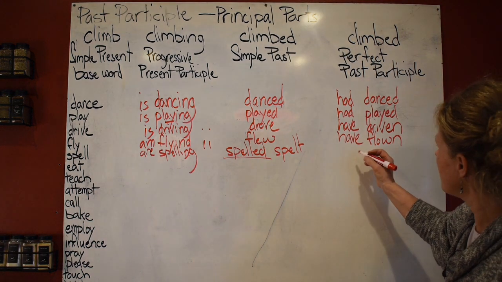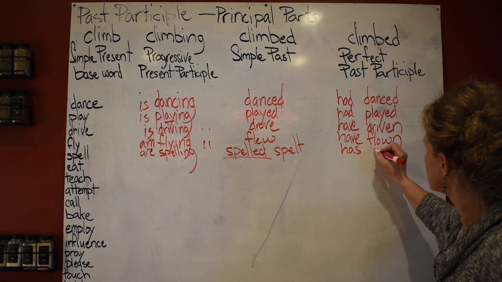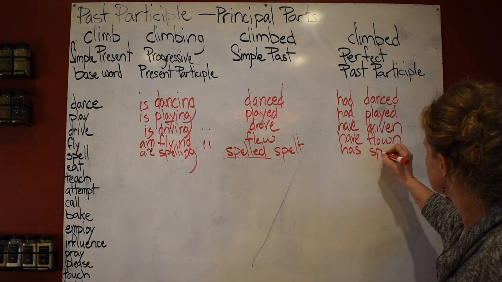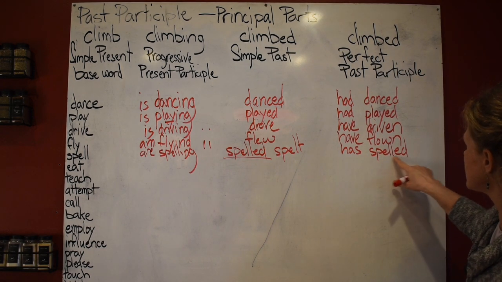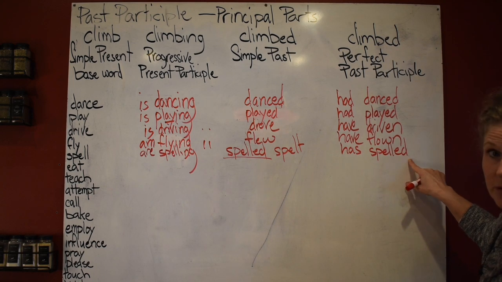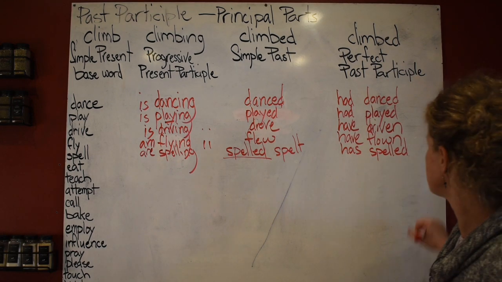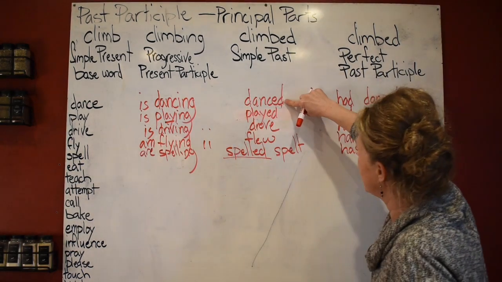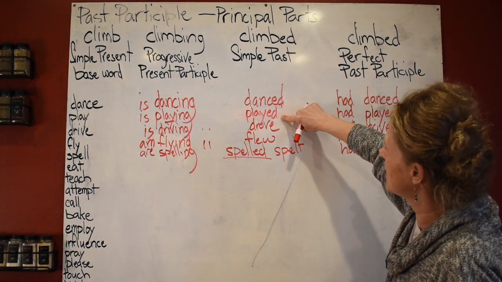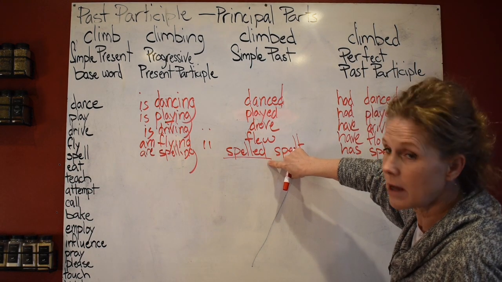And then we have has spelt. And then see how it says spelt, and there's a reason for that. It's because this is not a T. We don't say spelled, we say spelt. We say danced, not danced. We say played, not played. We say spelt, not spelled.